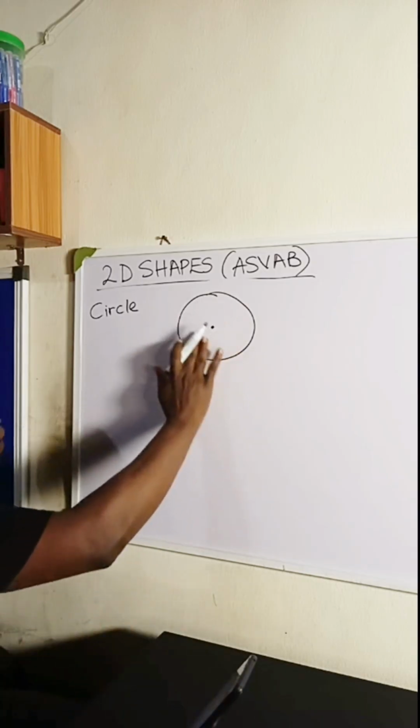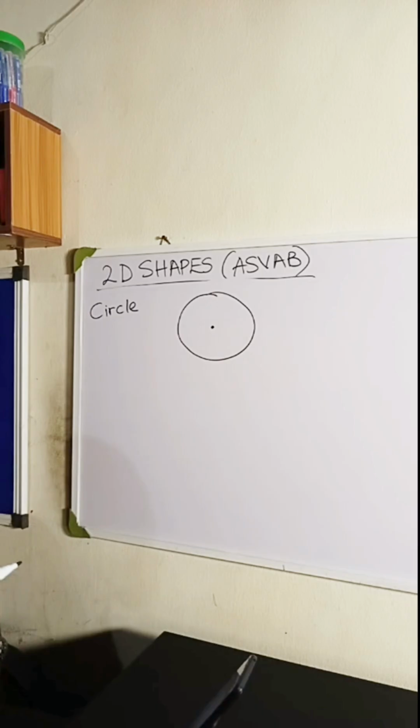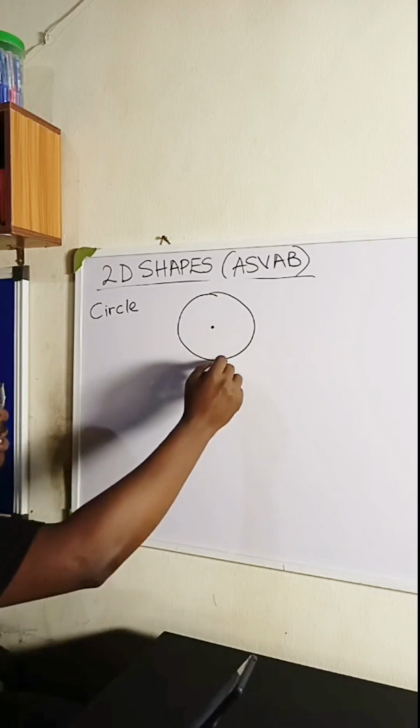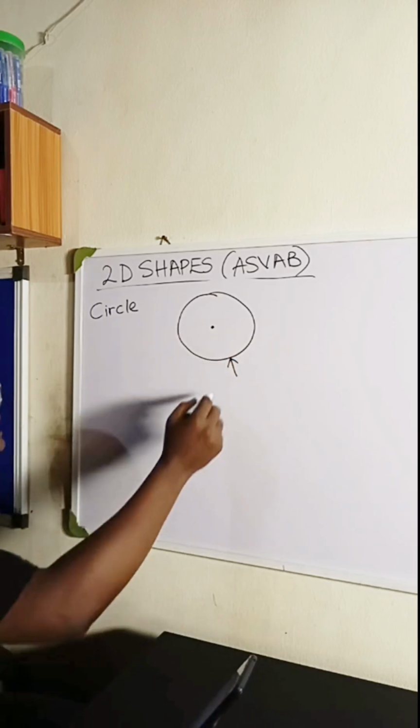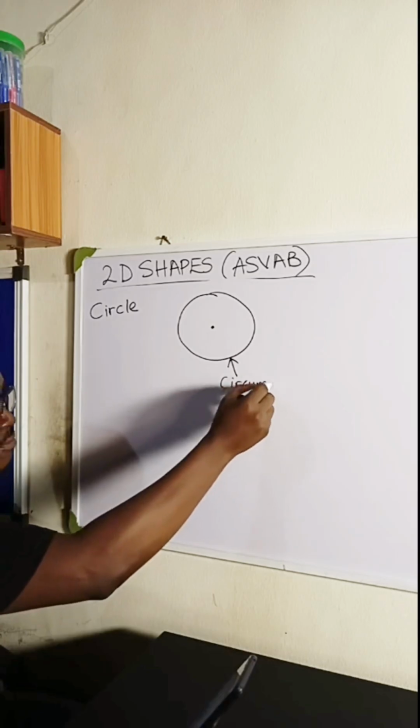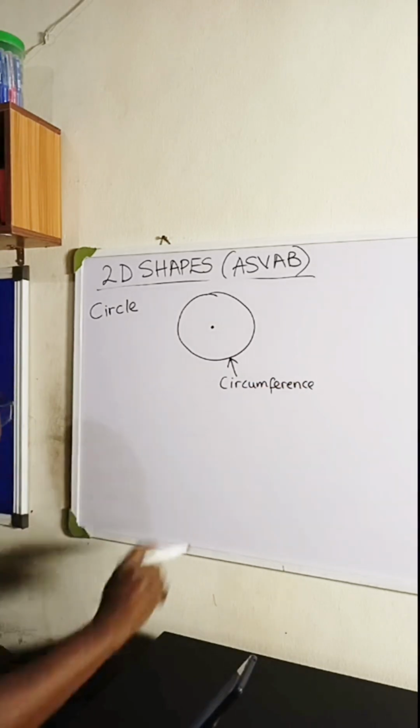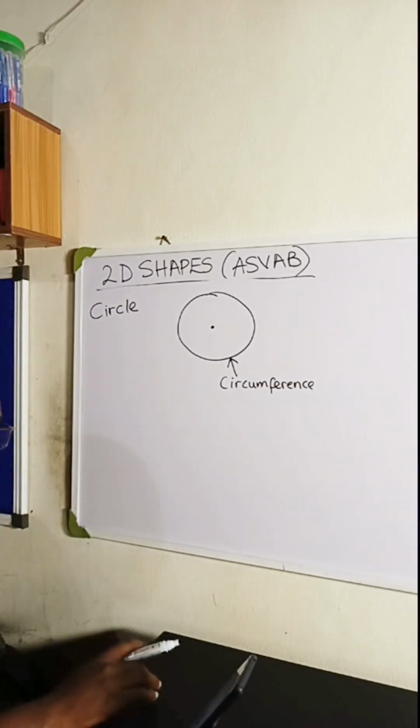The empty space inside this circle is called the area of the circle, but the line surrounding the circle is called the circumference. The circumference for other 2D shapes is called perimeter, but for the circle, it is called circumference, right?